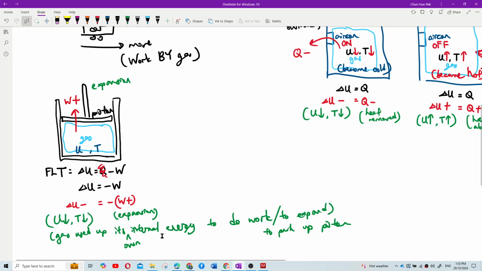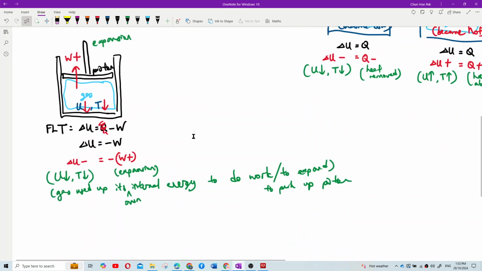So bila you sudah guna tenaga to buat kerja, mestilah you punya internal energy berkurang. So temperature will decrease. So it becomes colder. So internal energy decreases, temperature decreases. Become cold. The gas becomes cold.